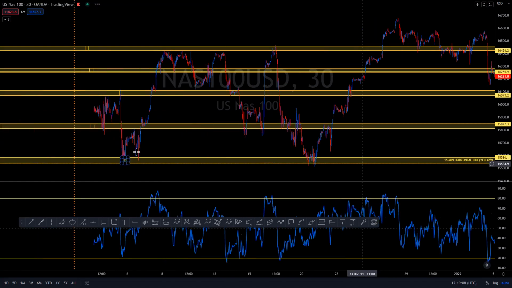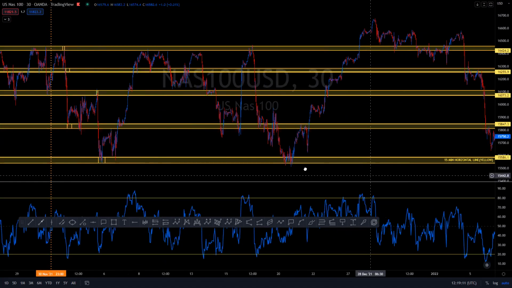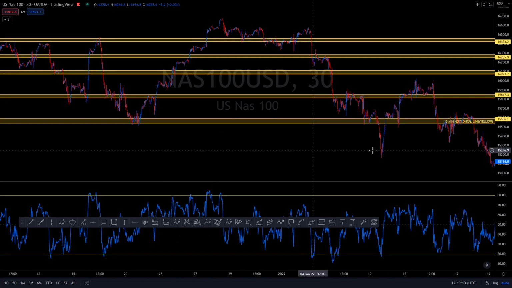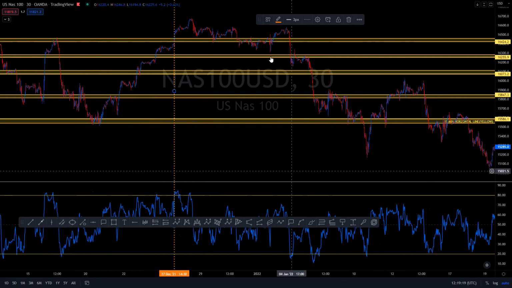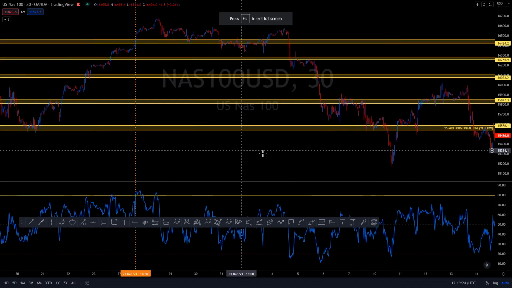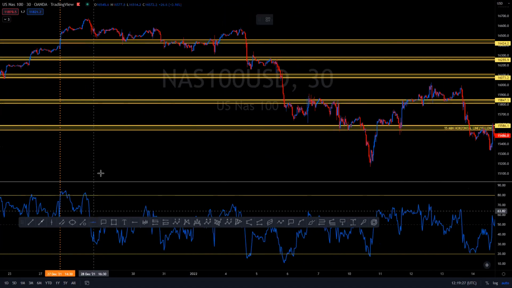As you can see, this is where we left off. Now we need to mark up all this area down here, so we're going to put a vertical line right here. Now I'm about to do that.